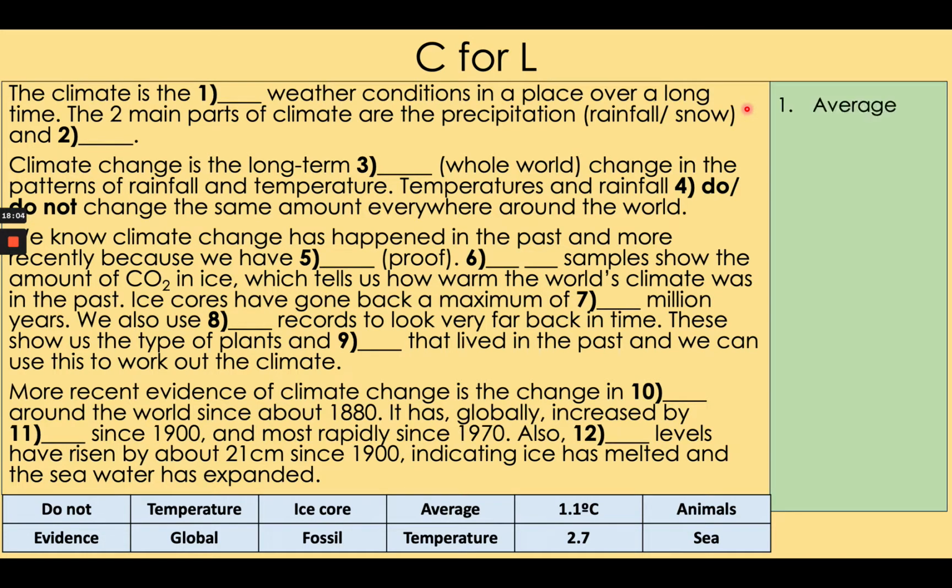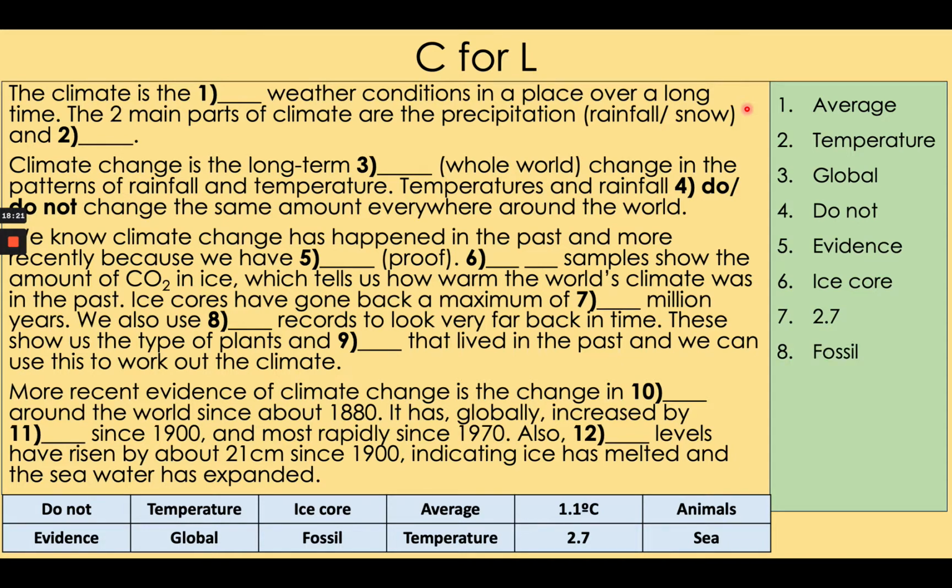So 1, average. 2, temperature. 3, global. 4, do not. 5, evidence. 6, ice core. 7, 2.7. 8, fossil records. 9, animals. 10, temperature. 11, 1.1 degrees. 12, sea levels.